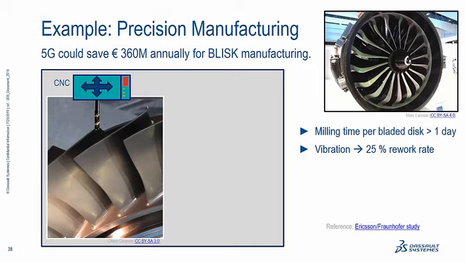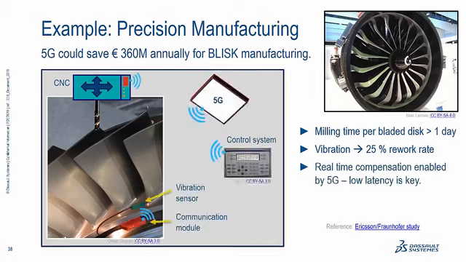Now, these vibrations can be measured. And one of the ways being considered to reduce this rework rate is to measure the vibrations in real time, thanks to the low latency of the 5G network, and communicate information about the vibrations to a control system, which can then, via the locally installed 5G network, communicate information to the CNC milling device, which can compensate for those vibrations in real time.